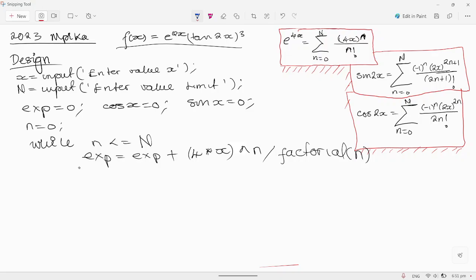Then we're going to have sine. Okay, let's start with cos.